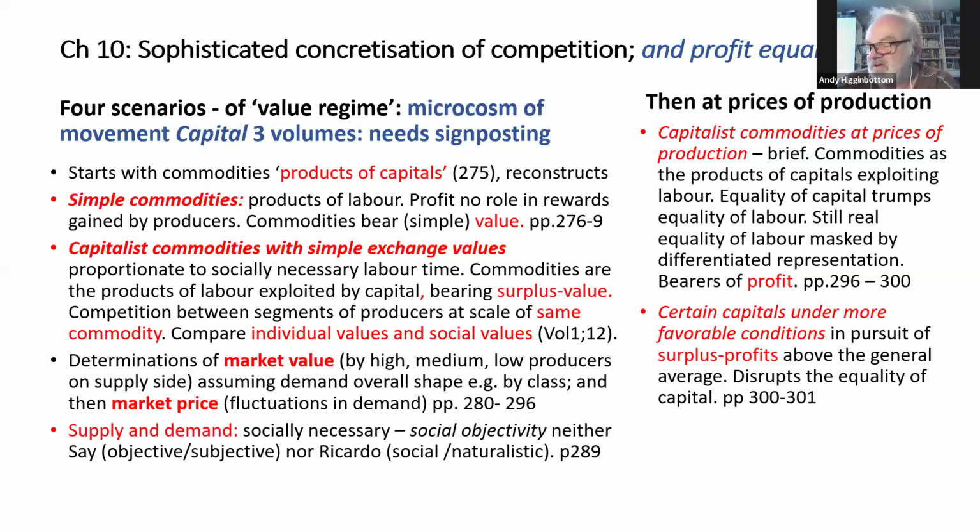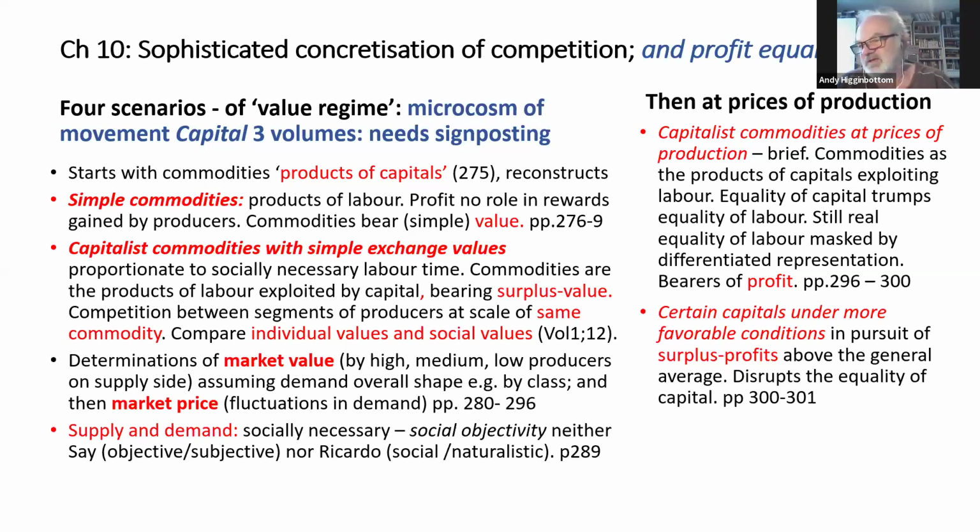And then finally, quite interestingly, he brings in a fourth value regime in this chapter, which is the idea that some capitals are moving under more favorable conditions than others. Of course, this is already present in the idea of a distribution of capitalist producers in any given commodity market. Some are more efficient than others, and they're going to make more profit. But he now connects that with the question of the movement of capital between sectors.